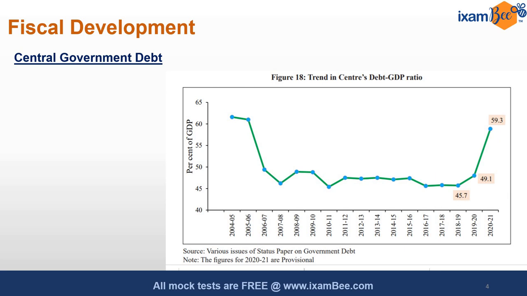But again, the government is looking to bring it down, and of course there are reasons why it has gone up, because of the various expenses that the government had to meet because of COVID, and there was a large shrinkage in the receipts last year because of COVID, which led to an increase in the debt to GDP ratio in 2021, which shot up to 59.3%.